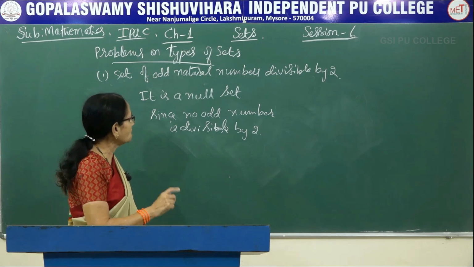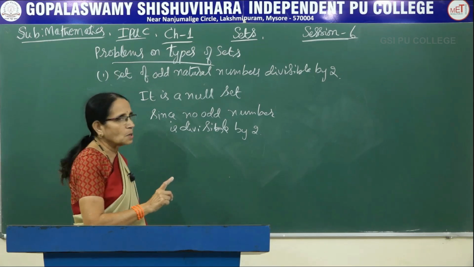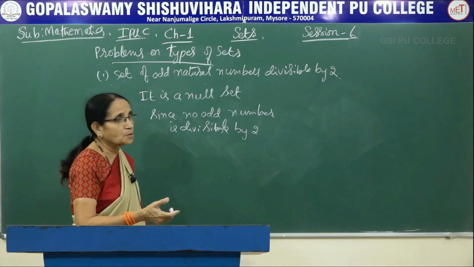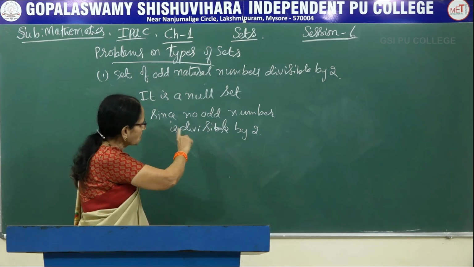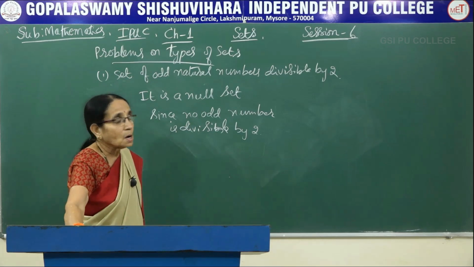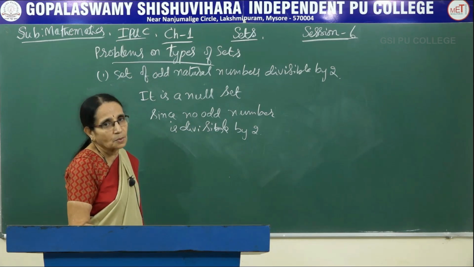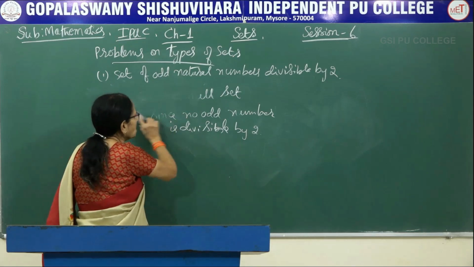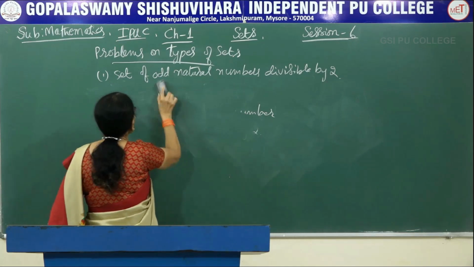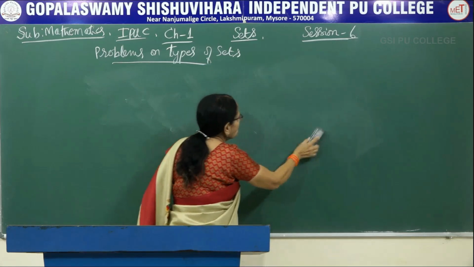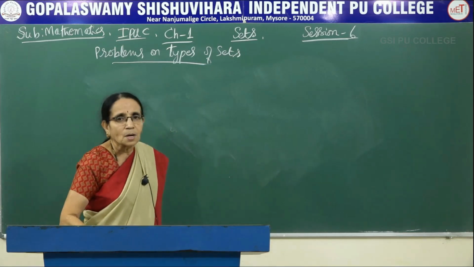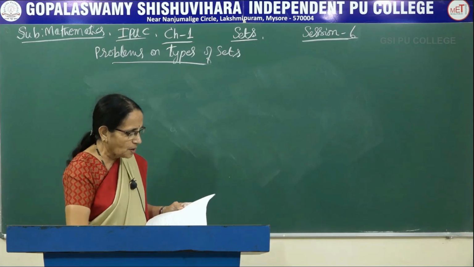Then you have to write, since no odd number is divisible by 2. Or you can write, odd numbers are not divisible by 2. That can also be written in another way. So you have to give the reason. You need not write the set here. I mean, writing inside the flower bracket is not necessary, because when it is given in the form of a sentence, the answer can also be given in the form of a sentence.